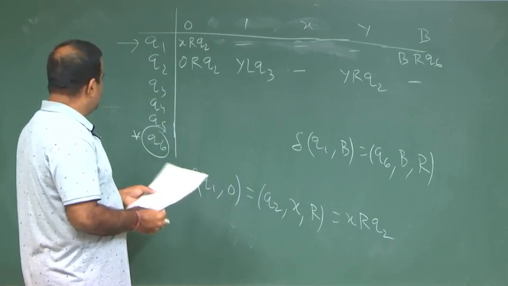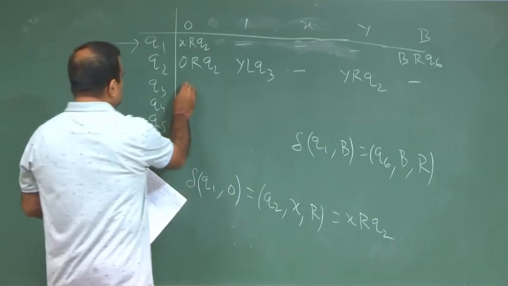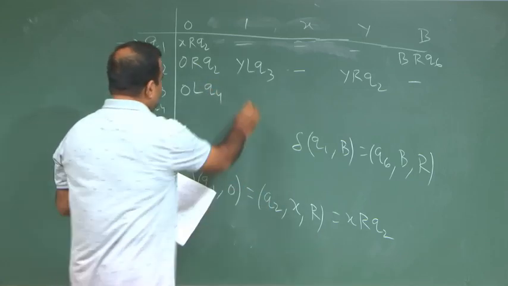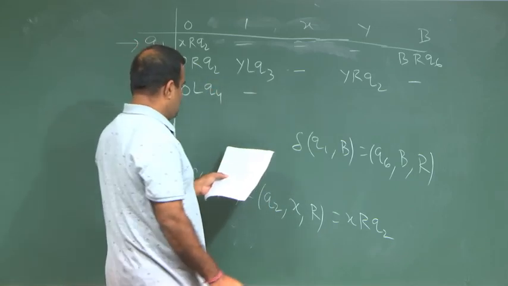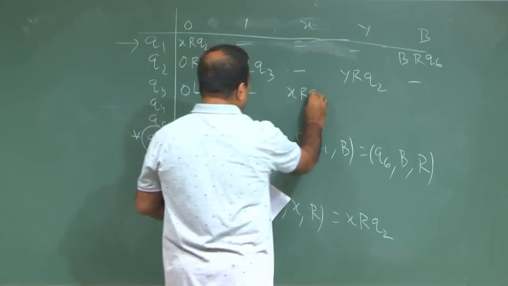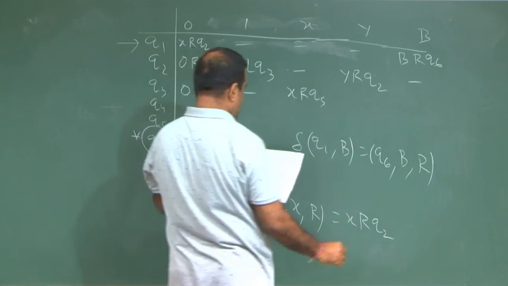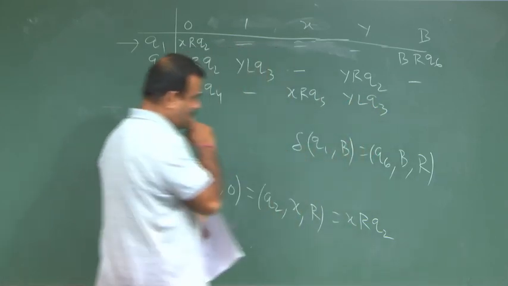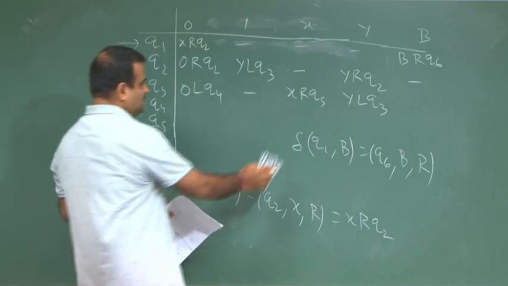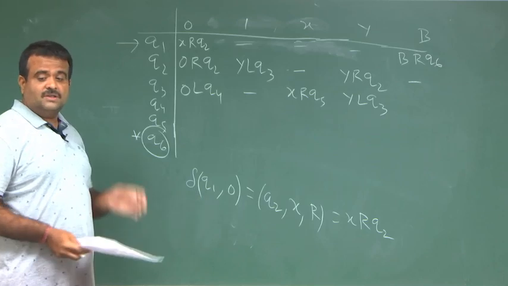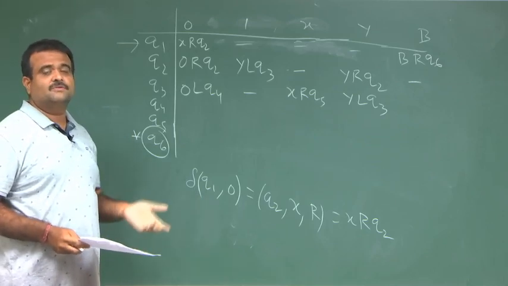So, from q3, let me complete this: 0 L q4, no move for this, and with x we have x r q5, and with y we have y L q3. Okay. This delta transition is given, and we will see what strings this Turing machine is going to accept.